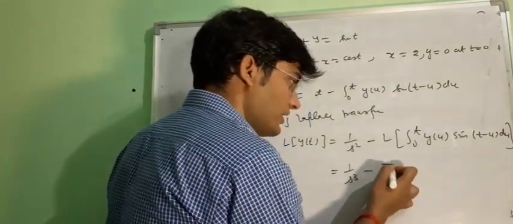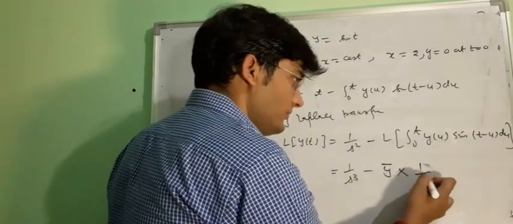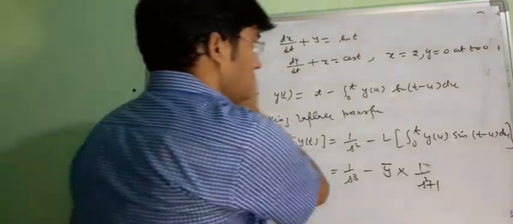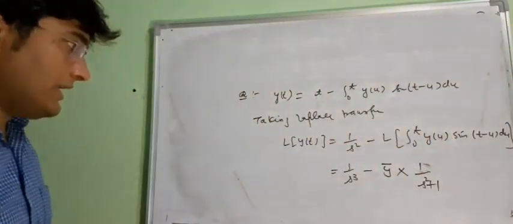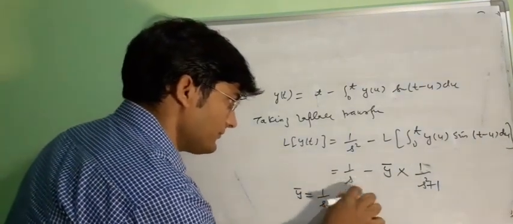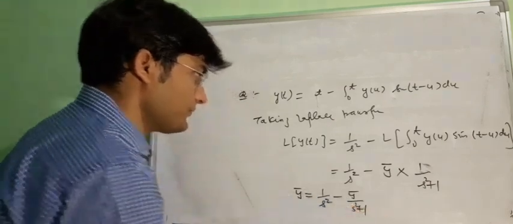The Laplace of y is y bar into the Laplace of sin t, and the Laplace of sin t is 1 upon s square plus 1. So on the left hand side we will have y bar, and on the right hand side we will have 1 upon s square plus y bar upon s square plus 1.